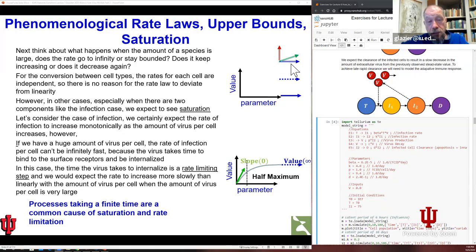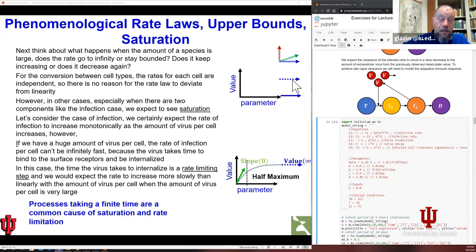In our linear case, the rate of cell death is k times the number of cells. As the number of cells goes to infinity, the rate goes to infinity. We have to think about slope. If the value is zero at infinity, it can't have a slope, because once you hit zero, it stays at zero. So this has to be flat.